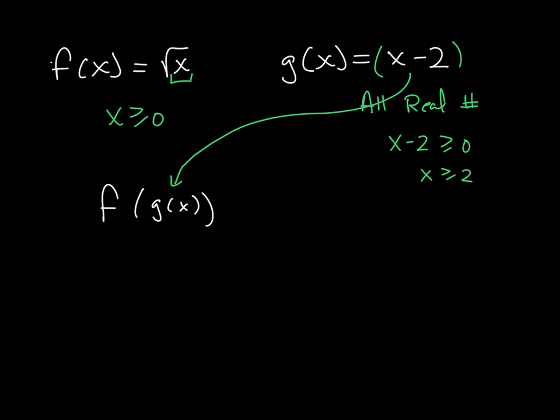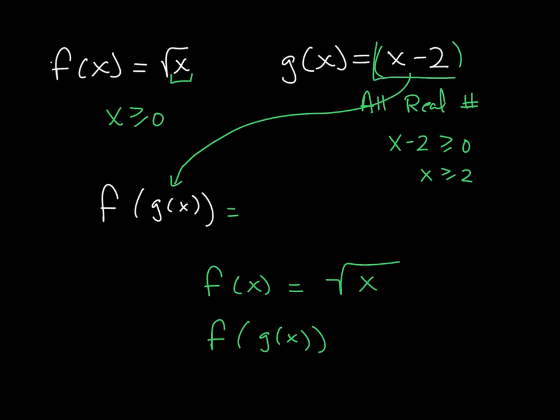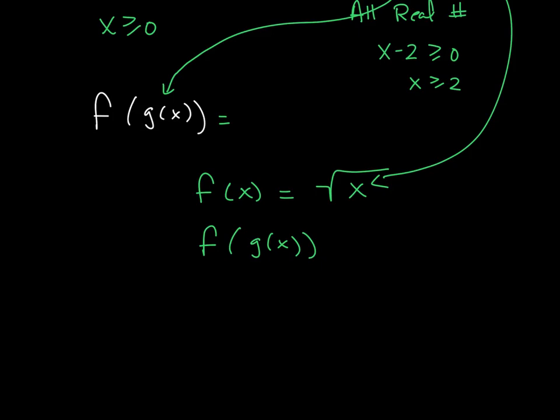start by finding this out. My original function, f of x, is equal to the square root of x. But I want to find f of g of x. So everything that I'm taking here, my x minus 2, comes down and gets put inside my function.